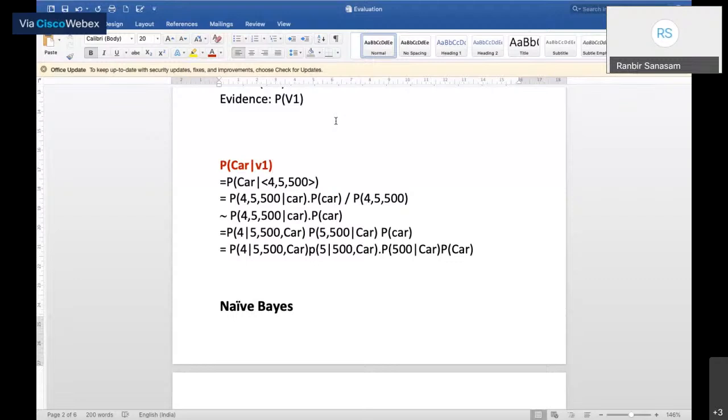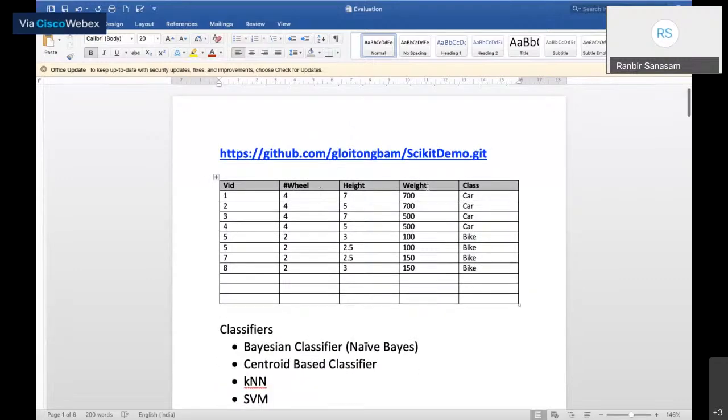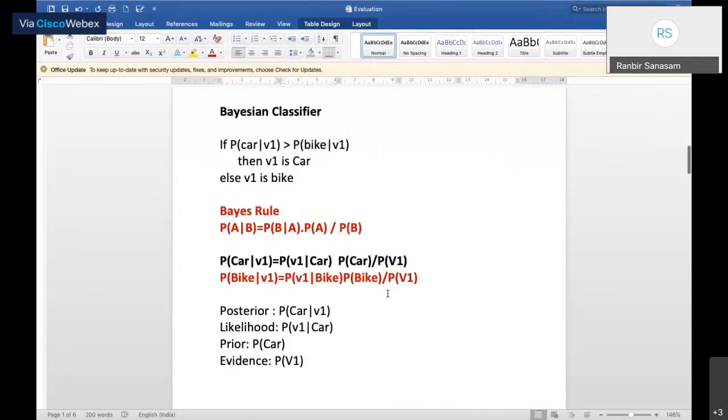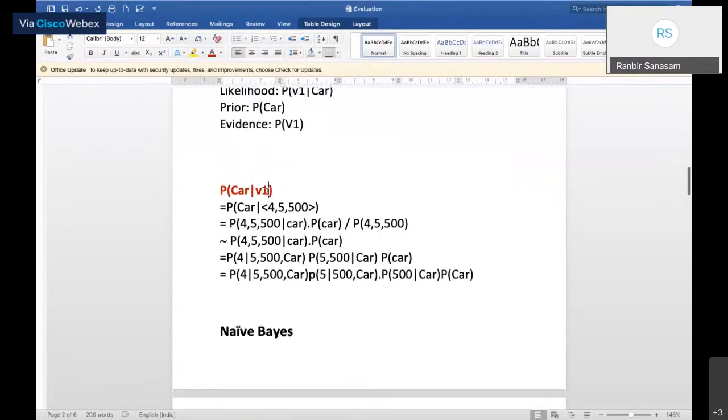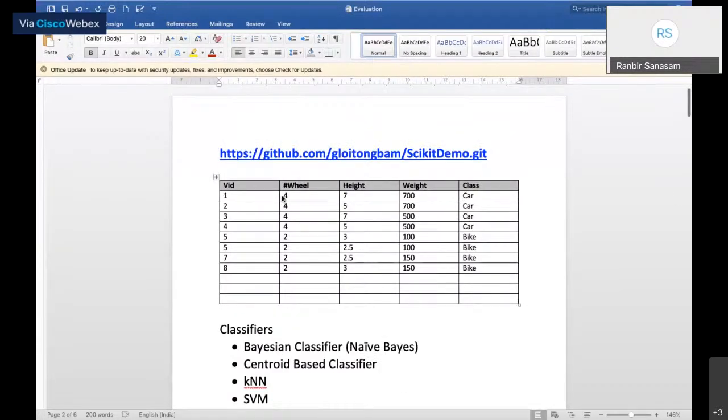What do we mean by vector space model? As we understood yesterday, every sample will be represented by a vector with the associated features. We have three features, so every sample is represented by a vector of dimension 3: wheels, height, weight. So when I say I'm giving vehicle 1, that is nothing but the vector associated with the first vehicle.